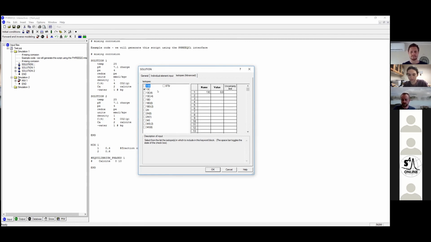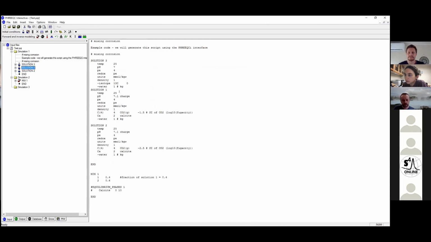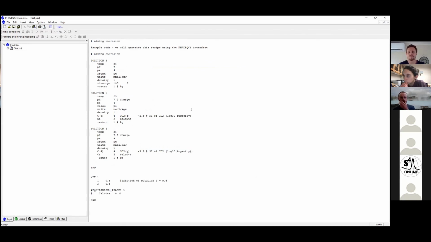So carbon isotopes, carbon-13, delta-13C, oxygen isotopes. I've just dumped this into the script. It says solution 3 here, and then there's a dash isotope 13C, and then a value after it.